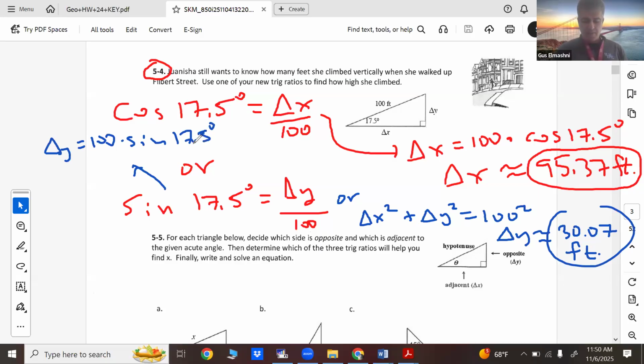If I do sin 17.5, you get the same exact thing. It's your choice, whichever one you want to do. But you can't do Pythagorean theorem until you've done at least sine or cosine once. You have to do sine or cosine at least once, and then do Pythagorean theorem afterwards, or just do sine and cosine both times. Again, it's up to you.